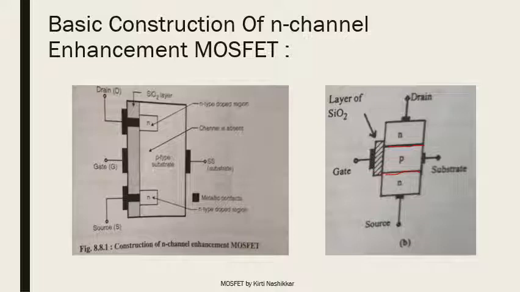The drain and source terminals are connected to the n-type regions through metallic contacts. The most important point to note is that the channel is absent. The gate terminal is insulated from the substrate by a thin silicon dioxide layer, and a conducting layer of metal, that is aluminium, is put on the SiO2 layer covering the entire channel region from source to drain.